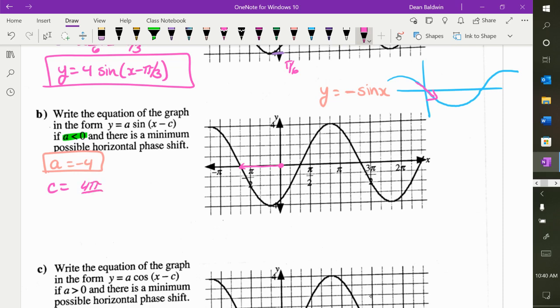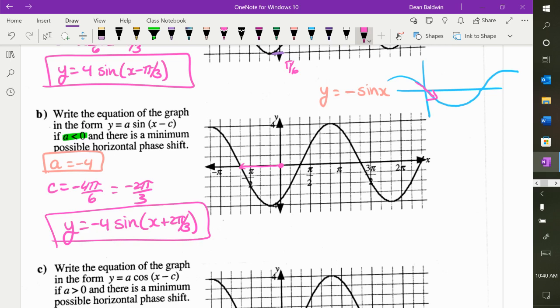So it's 4 pi over 6. But because we went left, it has to be negative. So that reduces to negative 2 pi over 3. So the equation would be negative 4 sine of x plus 2 pi over 3. That will give you the exact same graph. Is that okay?